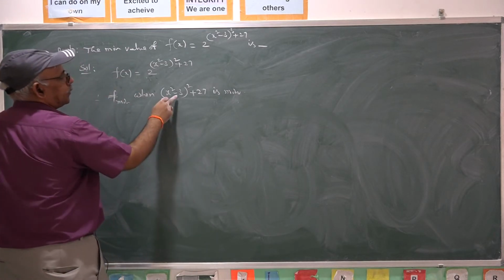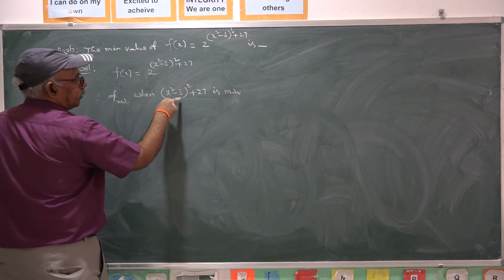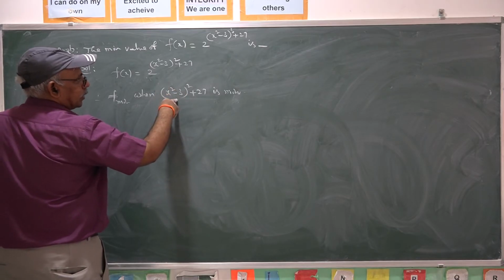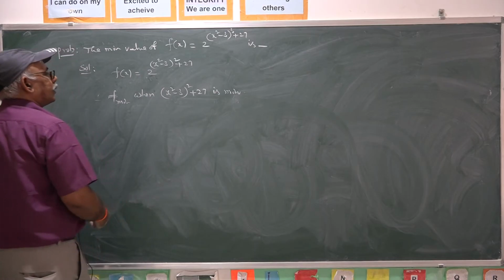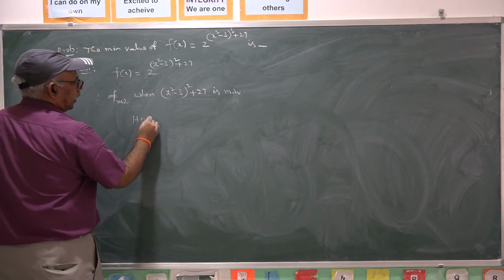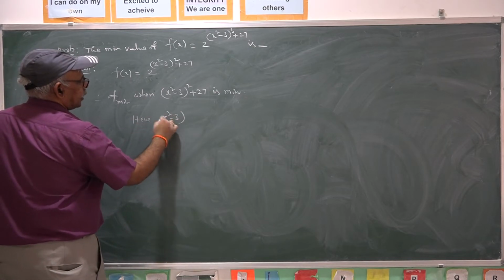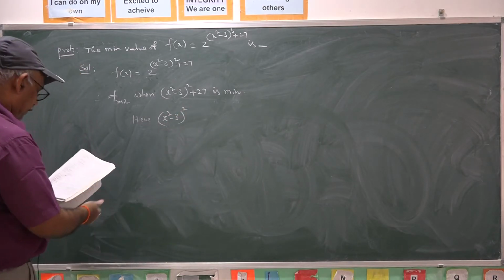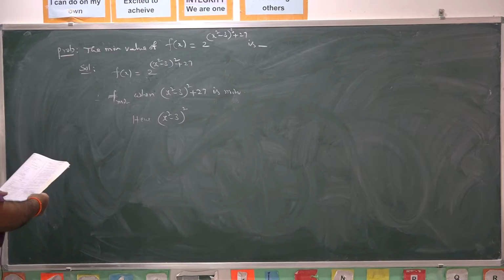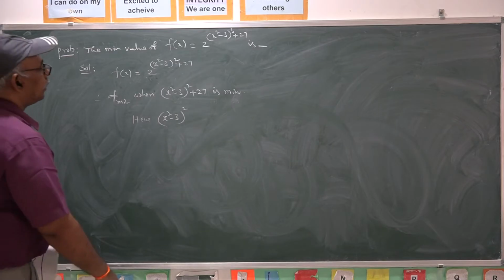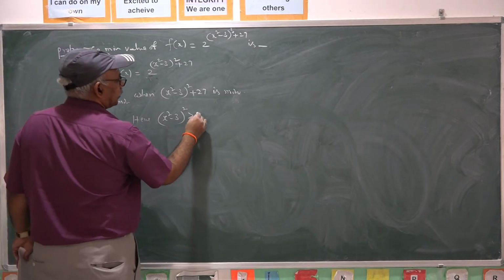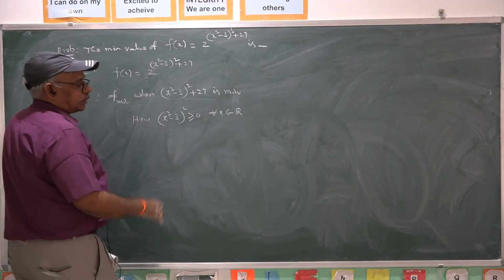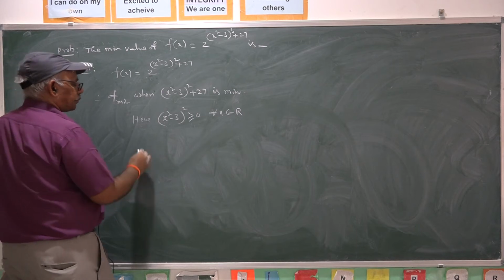So, whatever may be the value of this, clearly if it is a perfect square, it is greater than or equal to 0. Here (x square minus 3) whole square is always greater than or equal to 0 for all x that belongs to R. This is either 0 or positive only.